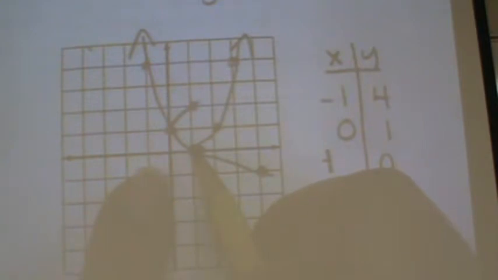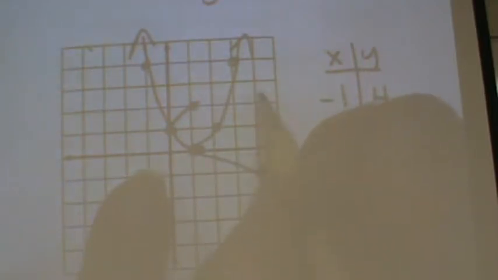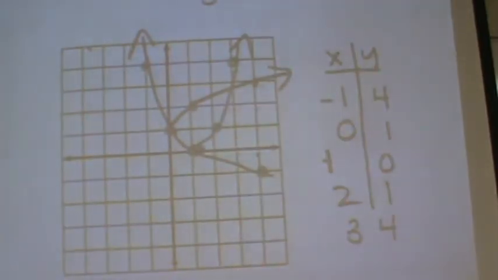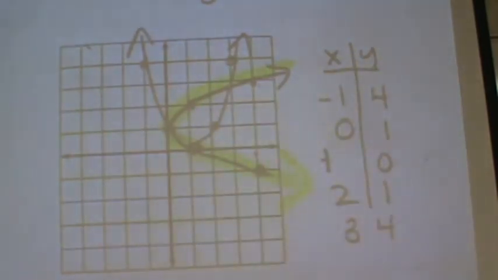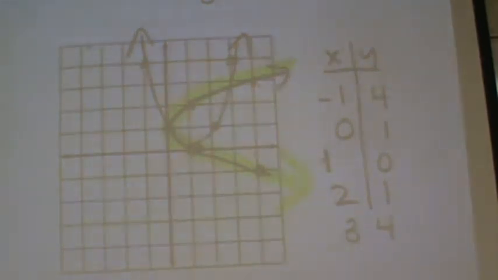So this is what you have here. And then this last point, which is 3, 4, you're going to graph 4, 3. Now I'm going to use my yellow highlighter to separate the two. So the yellow is the inverse.